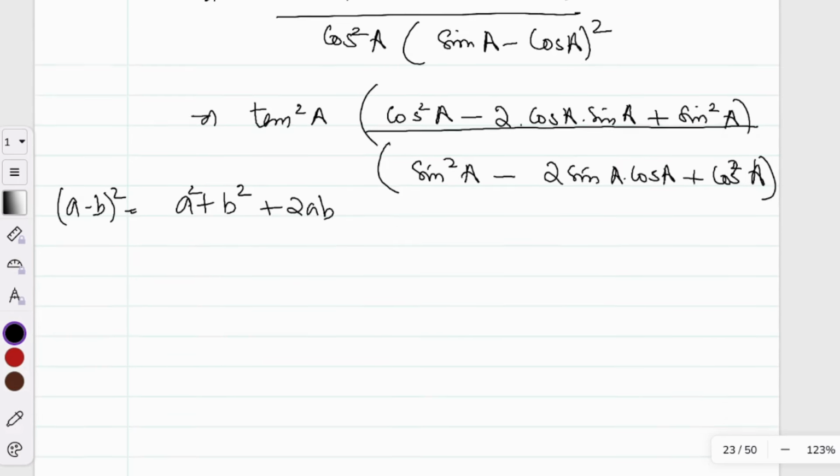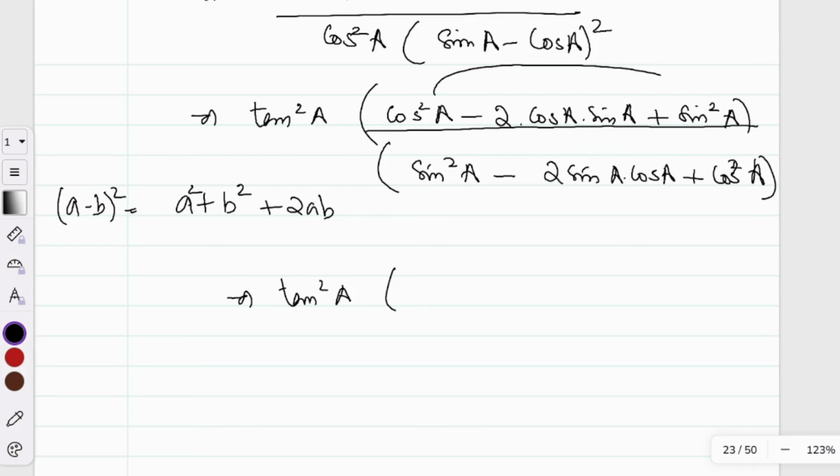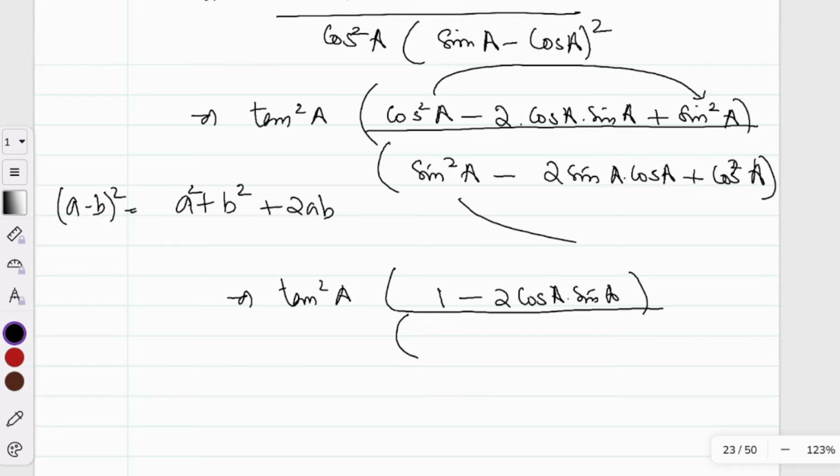Clear? Now if you're looking here, you can write tan square A into sin square theta plus cos square theta, which is 1, so 1 minus 2 cos A sin A, divided by this one also sin square theta plus cos square theta, which is equal to 1, right?